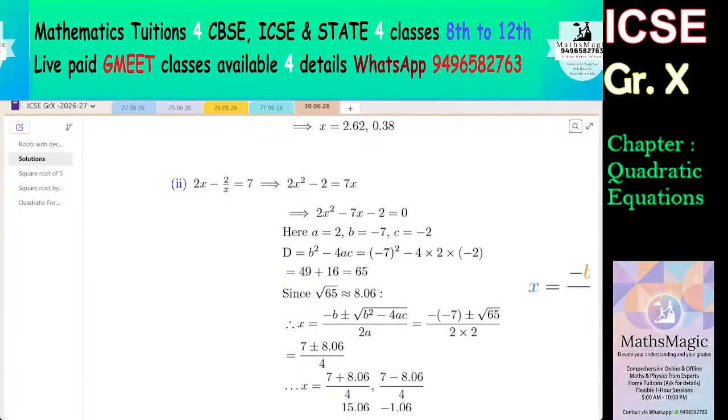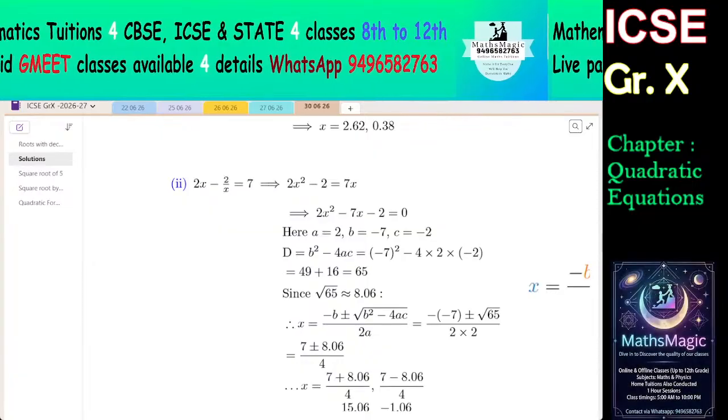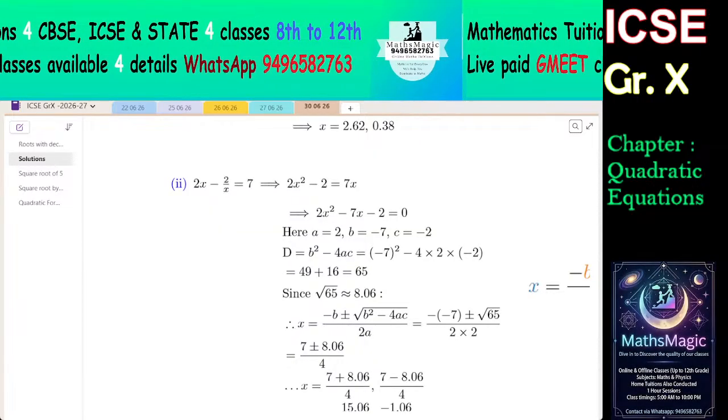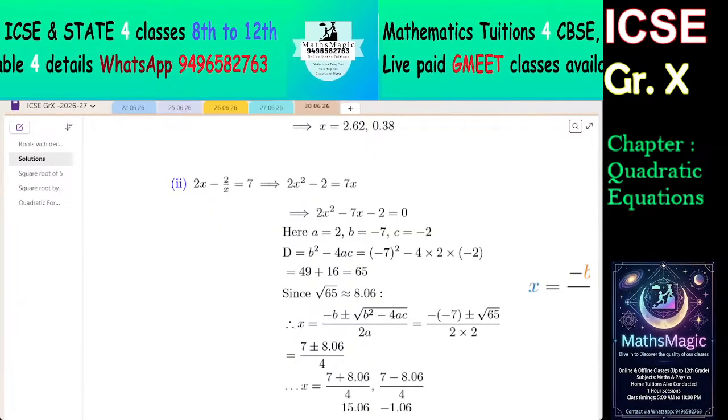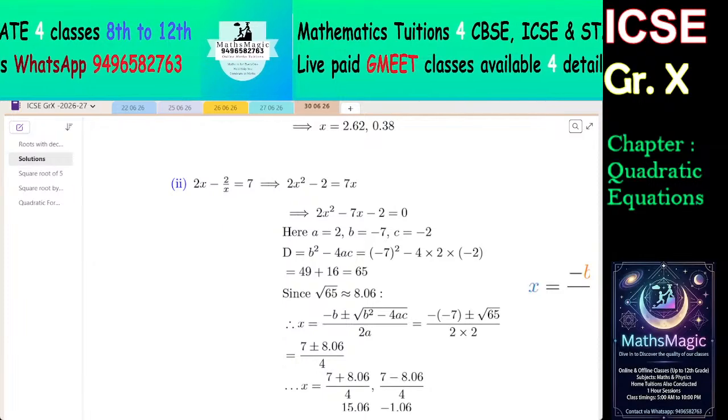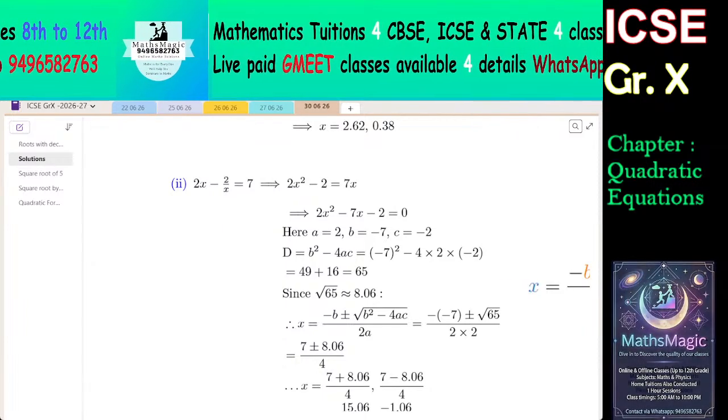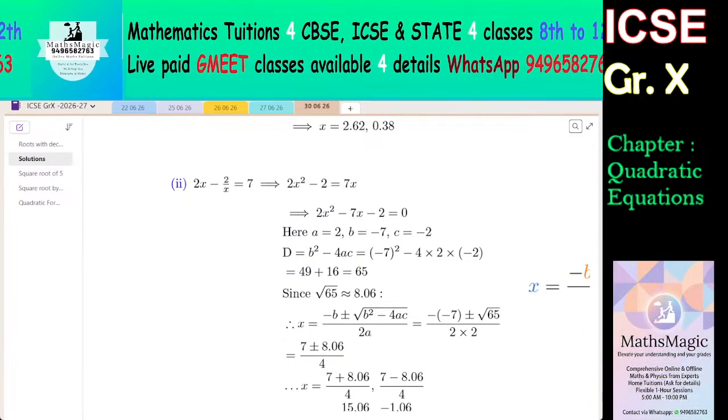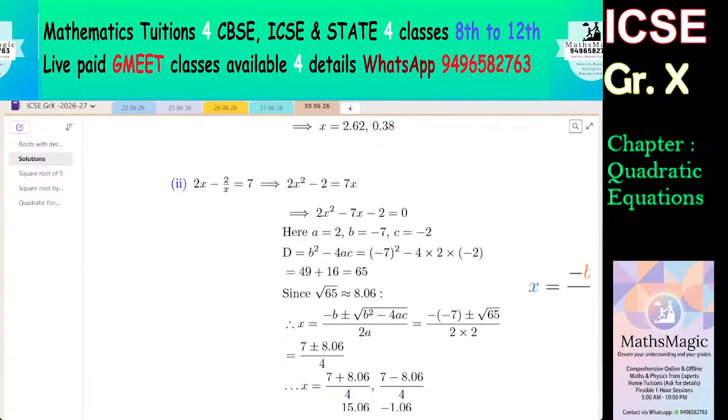Still finding it difficult for the square root? 65.000, pair of zeros.